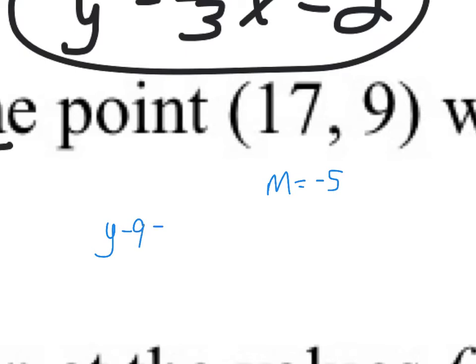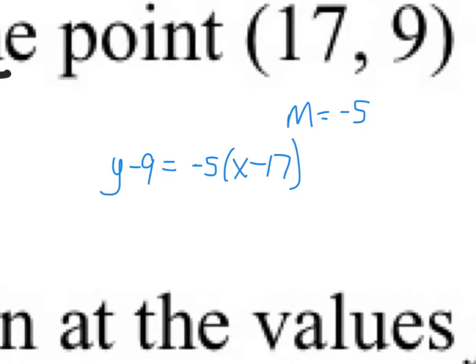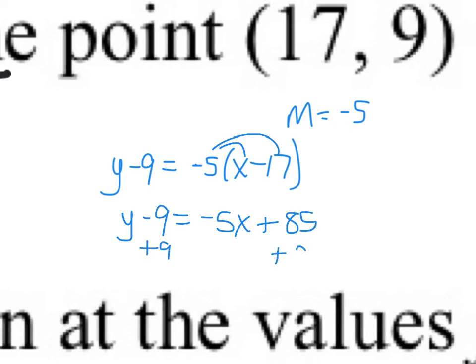So y minus 9 equals negative 5 times x minus 17. All right, we might have a big number here, but guess what? What are y'all allowed to use? Calculator. So I have y minus 9 equals negative 5x, plus negative 5 and negative 17 is what? 85. And then what's the last thing I do? Add the 9.